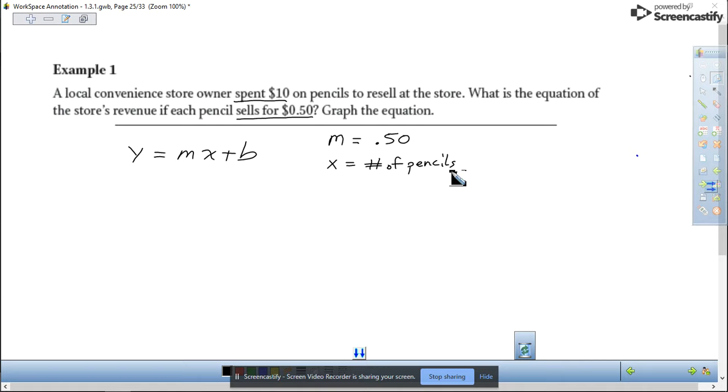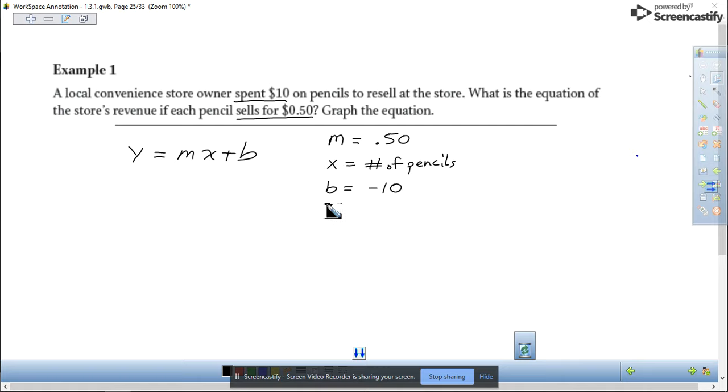So when X is still 0, that's going to be our B value. Well, how much had he originally spent before he sold any of the pencils? Well, he started off by spending $10. Okay, so that's going to be money he's in the hole. He owes $10 because he spent that and he hadn't gained it back from selling pencils yet. So B in this case is actually going to be -10.